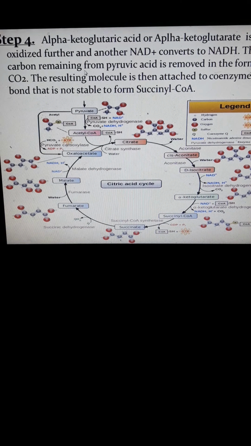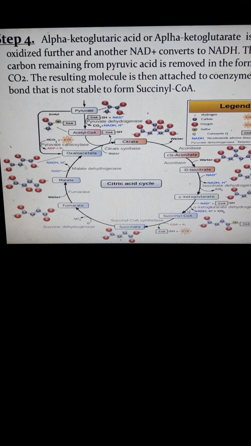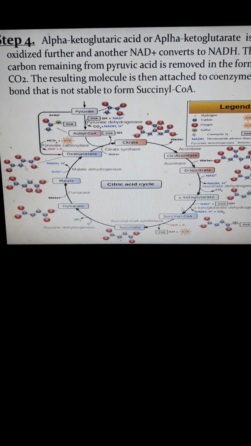The last carbon remaining from pyruvic acid is removed. So there is what we call removal of carbon dioxide. The resulting molecule is then attached to the coenzyme by a bond that is not stable to form succinyl coenzyme A. Okay, that is step number 4.